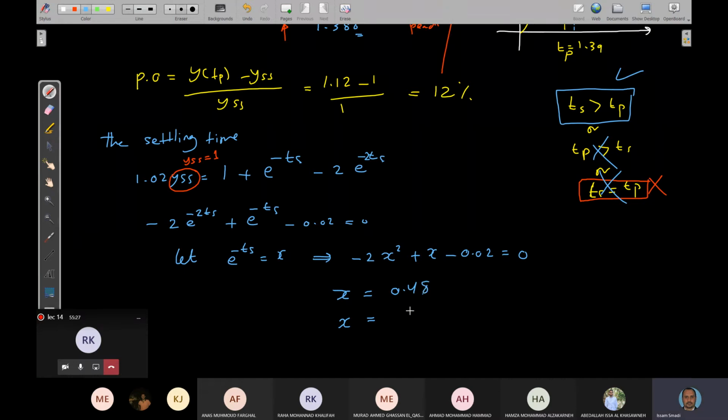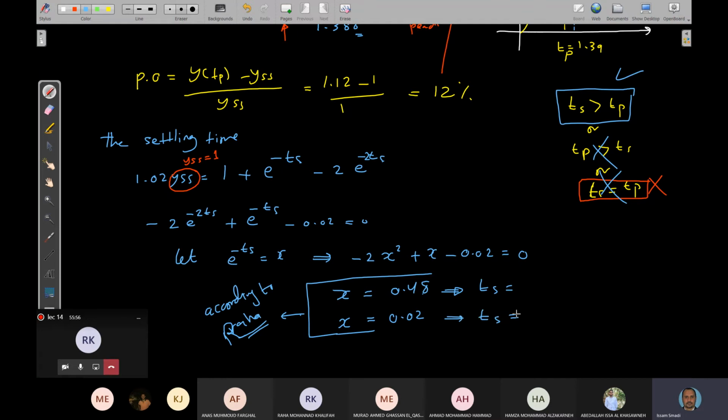According to Raha, if I'm writing your name correctly, let's capitalize that R. So if you have a problem, consult Raha. I have no idea about that. Okay. So from here, Raha, TS equals what? And from here, Raha, TS equals what? And thank you for your help, actually.